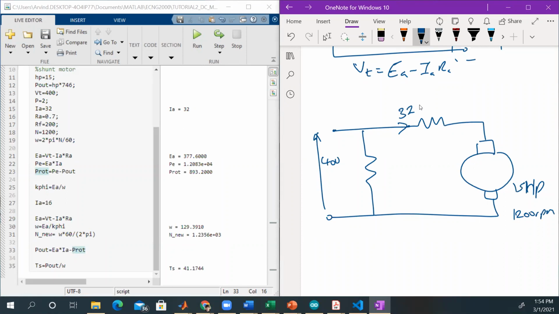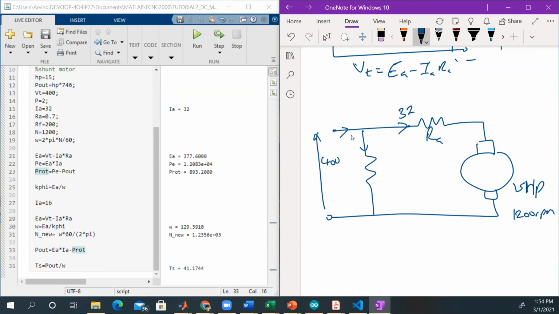And remember, the armature current is always the current directly into the armature resistance. It is not the input current here, right? That will be the same in some cases, like if it is a series motor or if it is separately excited. But if it is a shunt, then it will not be the same because you have this IF down here as well, right?